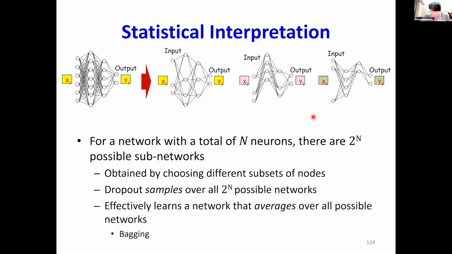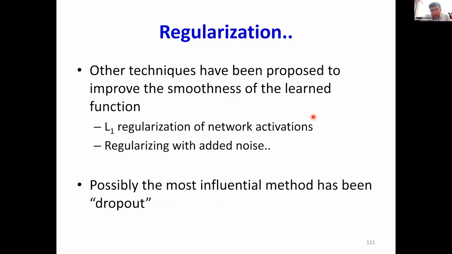Using the bagging principle. Turn it off. Pardon me? Turn it off? No. Sorry, in classification. In classification, yes. Turn it off. Okay. There's no turning it off, right? I have a bag of 2 raised to n networks, right? So what would I be doing for bagging? Yeah. How did I deal with it?